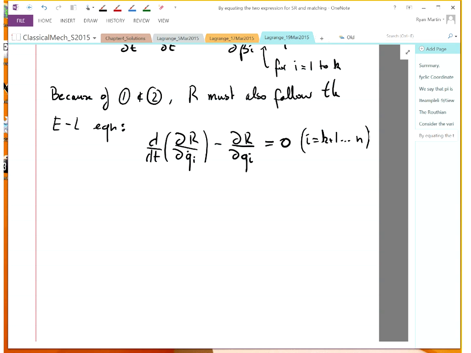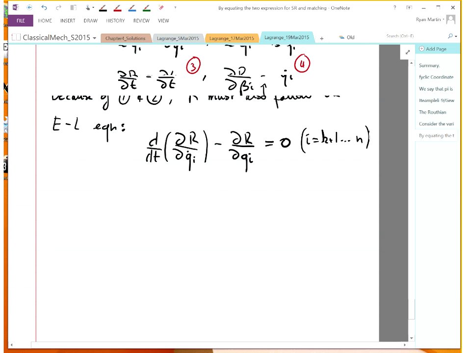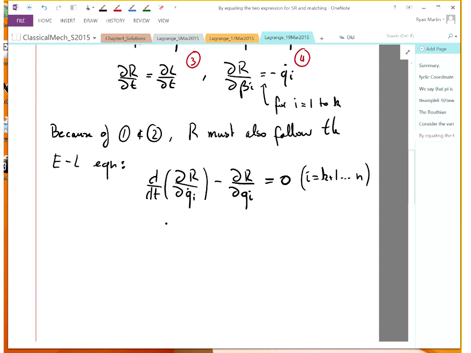And then similarly, we can use equation 4 and just rewrite it out. I have qi dot, that's the same thing as dqi/dt, that's just what it means. That's equal to minus ∂R/∂beta i. And that's for i equals 1 to k.